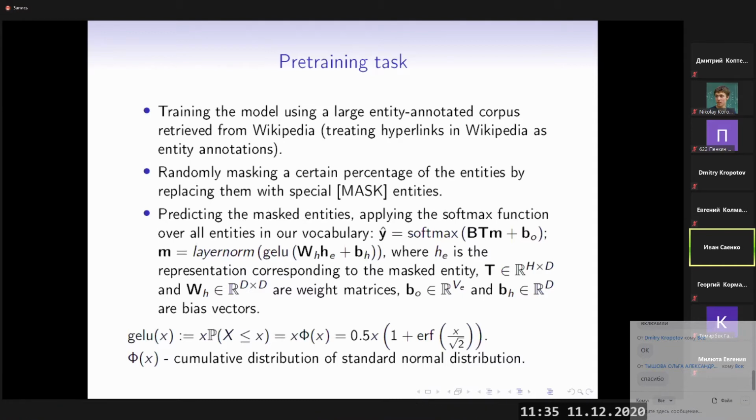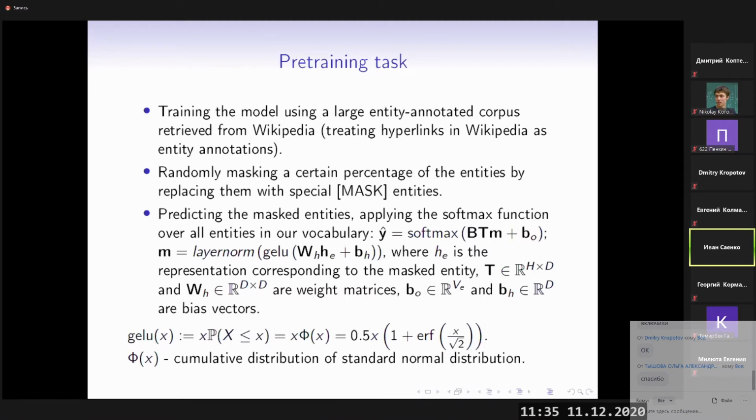The first pre-training task is the task where we replace a certain percentage of the entities with a special entity mask, and of course we try to predict it. It's written there that hyperlinks are entity annotations.